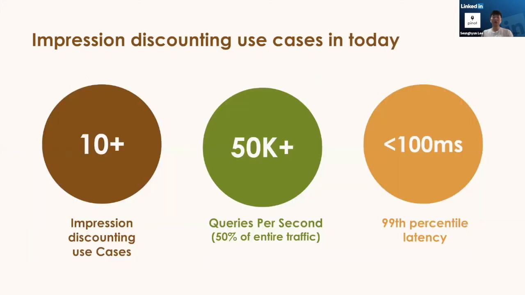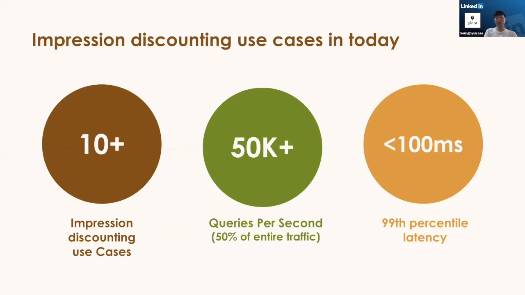After solving this feed impression counting problem, which was by far the largest use case for Pinot, we started to onboard all other impression discounting use cases that we had, using similar configurations to the feed one. Today, we support more than 10 impression discounting use cases at LinkedIn.